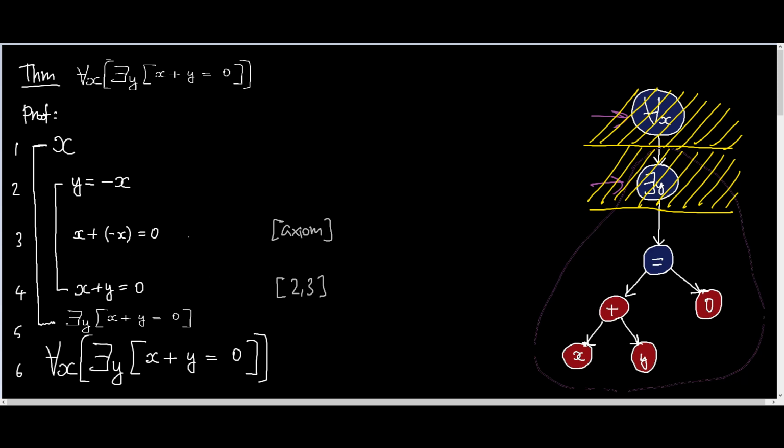And then we also, in this example, we had a chance to look into how we could come to the conclusion that something is true for every x, or how we could come to the conclusion that something is true for at least one y, right?